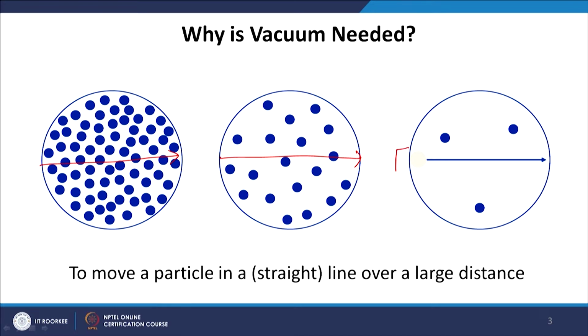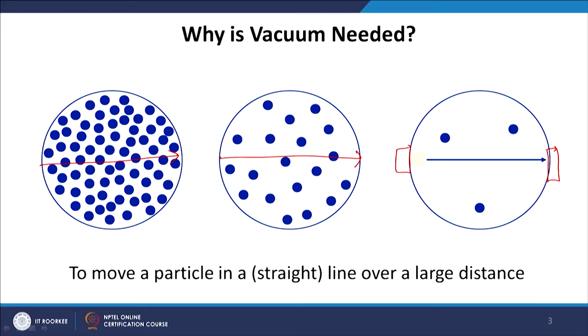Now let us consider a practical case. I have a source of atoms on this side and a target on the other side. I have heated this source so that I can generate a vapor of atoms, and these atoms will go in a straight line. While travelling along this chamber, if they suffer multiple collisions, their paths will be deviated and they will not be able to reach the target substrate.